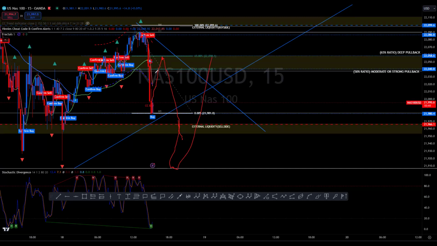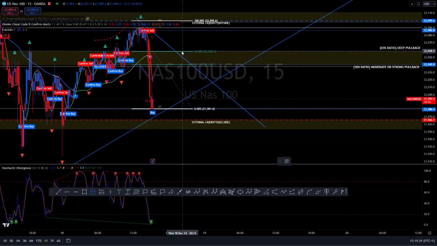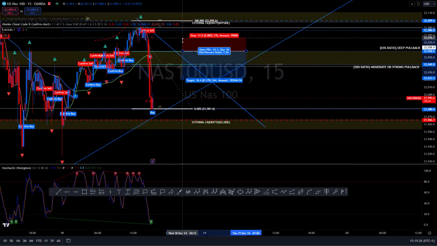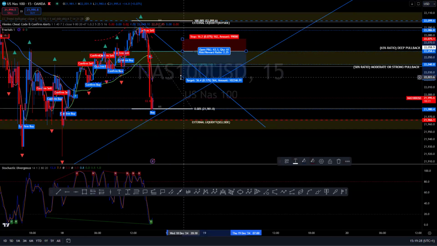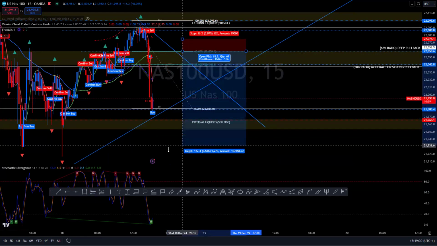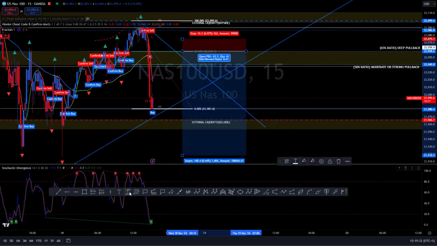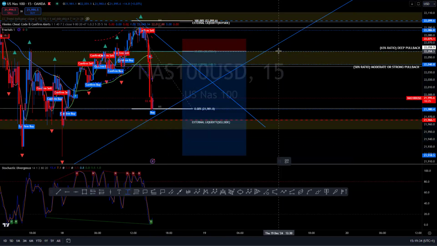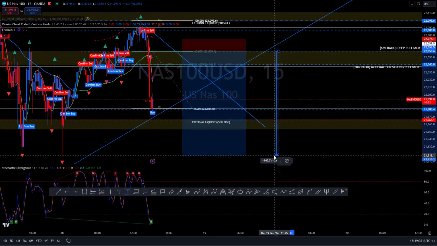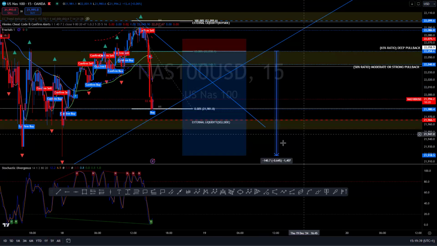So it may be a very good sell opportunity at this point. And if that's the case, I'm looking for price to sell and push all the way down and target this liquidity down here, which will give us a lot. We have 1,400 points here.